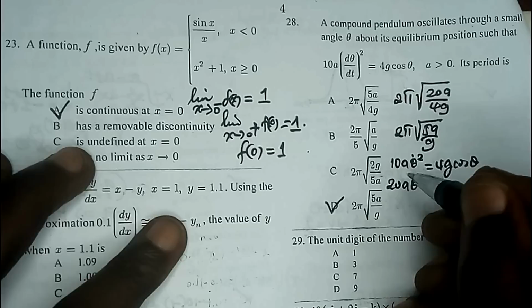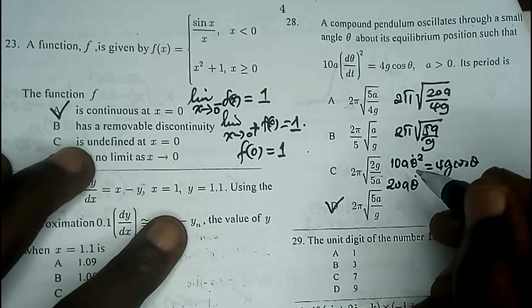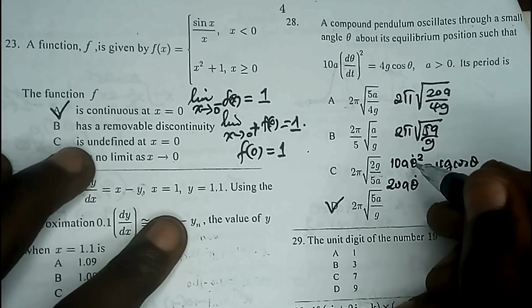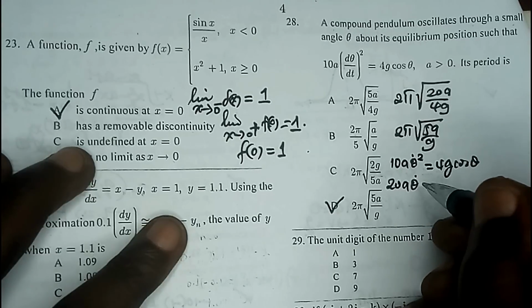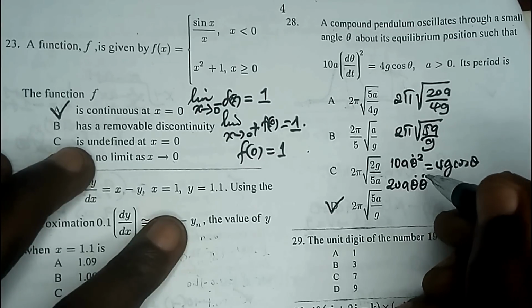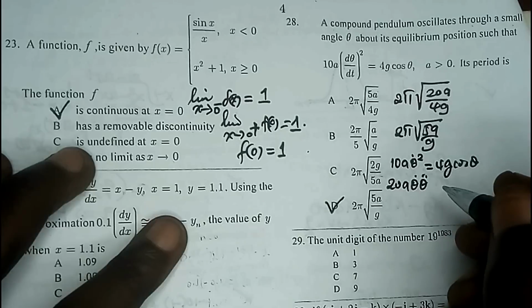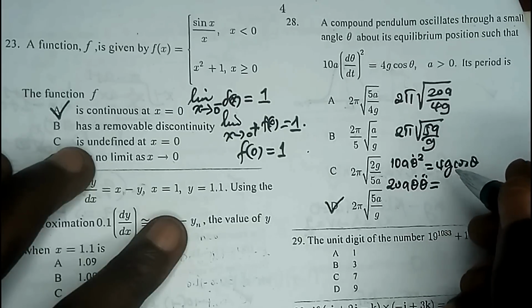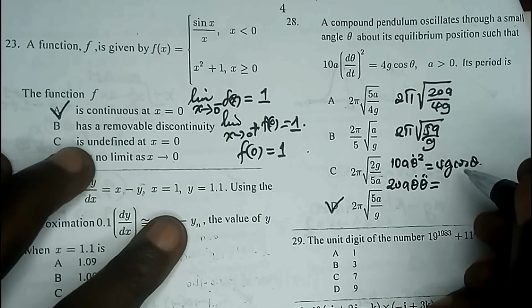So it's like bringing down 2, subtracting 1, and then differentiating the bracket that has been squared. So theta dot has been squared, so we differentiate theta dot at the end according to the chain rule. That should be equal to 4g cos theta differentiated with respect to t.